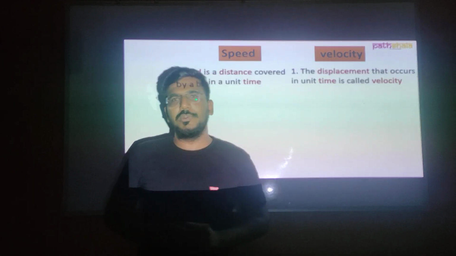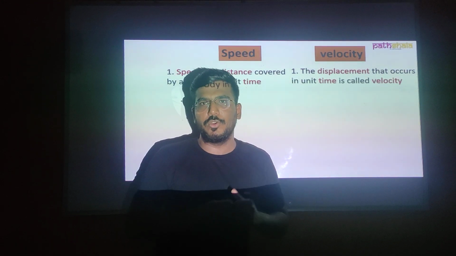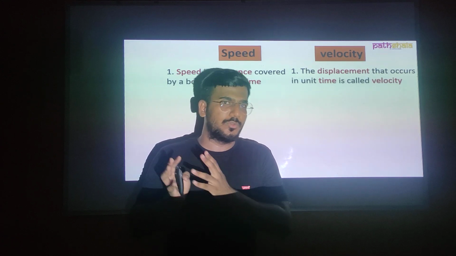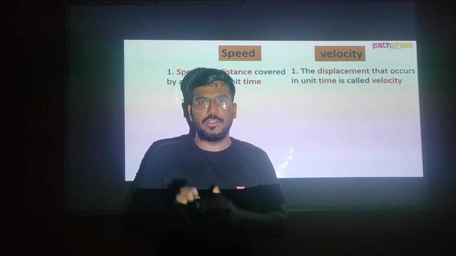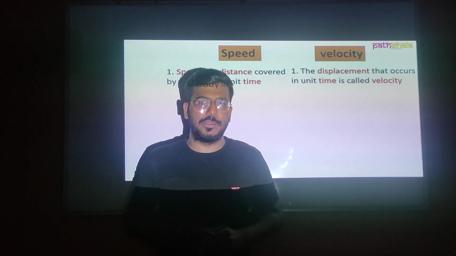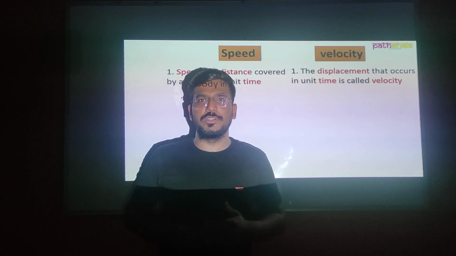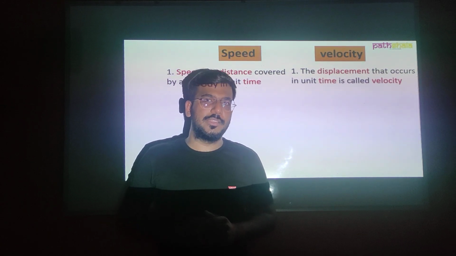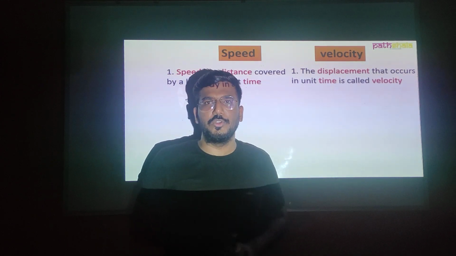Now let me give an example to understand both parameters in one simple way. Suppose we took an auto or a cab to go from one place to another. Suppose you started your journey from the station and take all sorts of long paths. You take some rights, some lefts, then go straight, and once again turn towards your destination. In this entire journey, they show something on the meter of the cab, that so and so kilometers you have traveled.